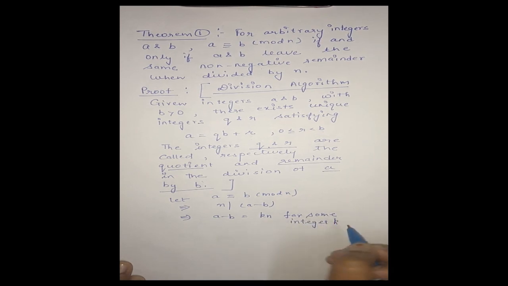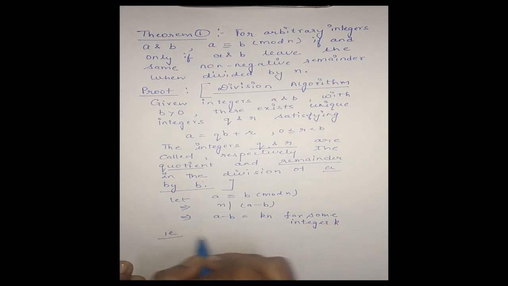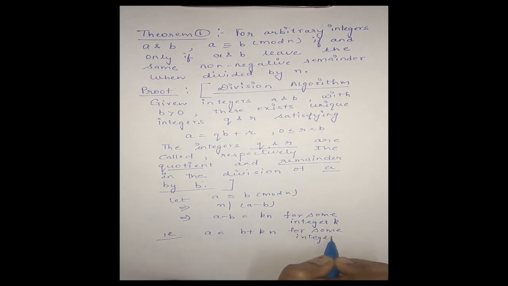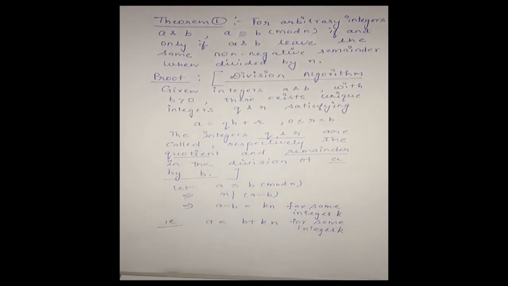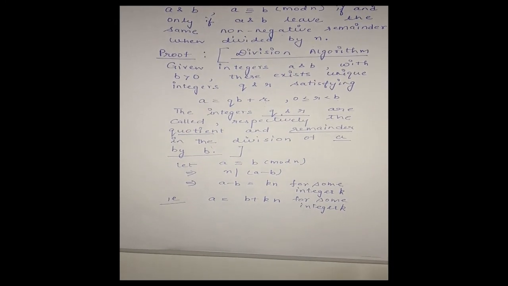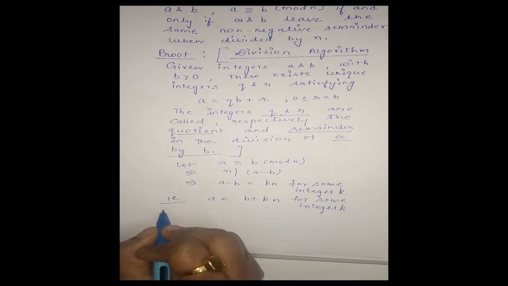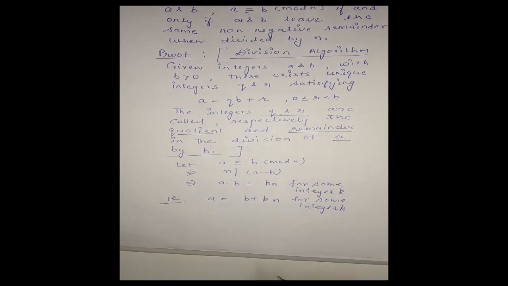That is, a is equal to b plus kn for some integer k. Clear? Now we will divide b by n, since we have to prove a and b leave the same non-negative remainder when divided by n.